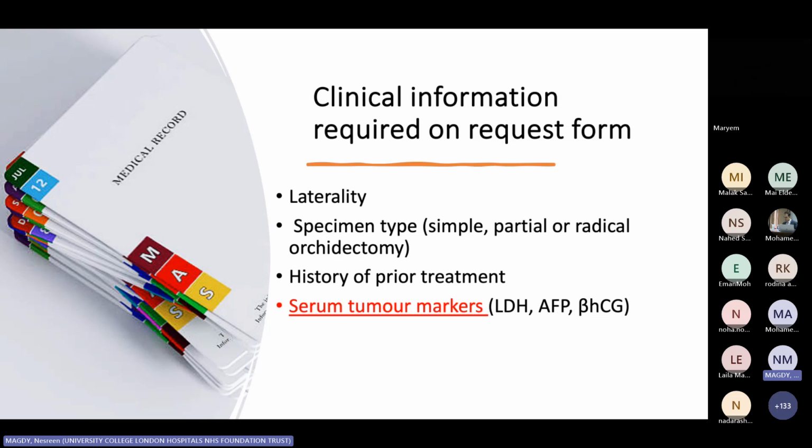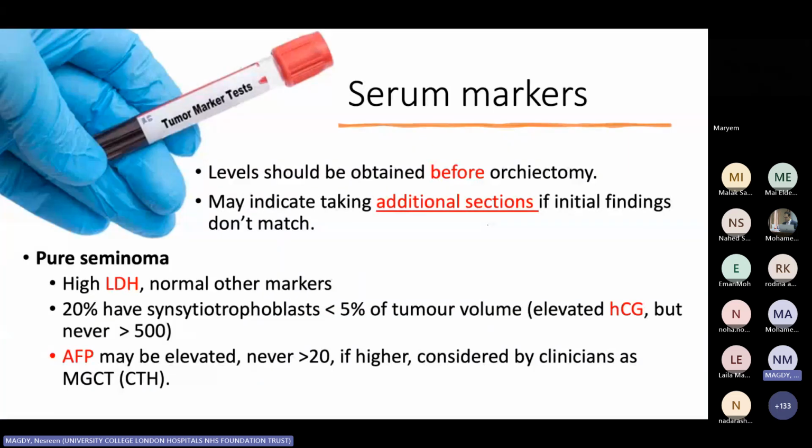But what is specific and unique for testicular specimens is the need to know the serum tumor marker levels that are usually done before the orchidectomy operation. This will not only help in the diagnosis and the staging, it can also guide the way that we handle the specimen or take our sections.